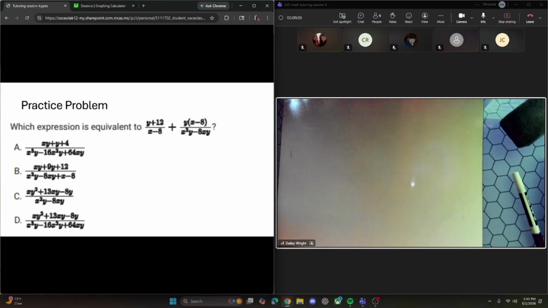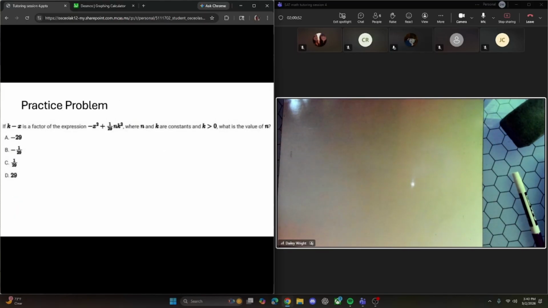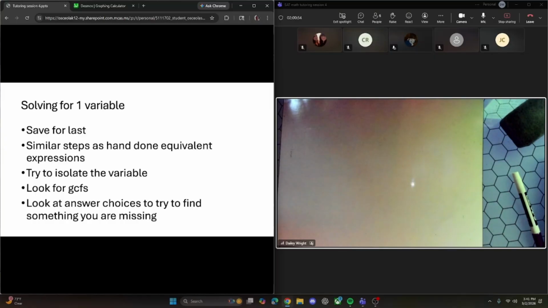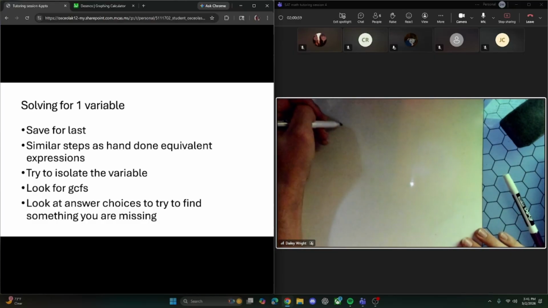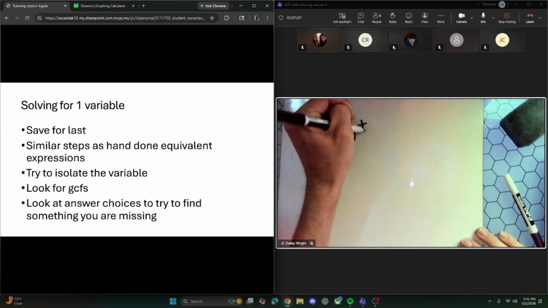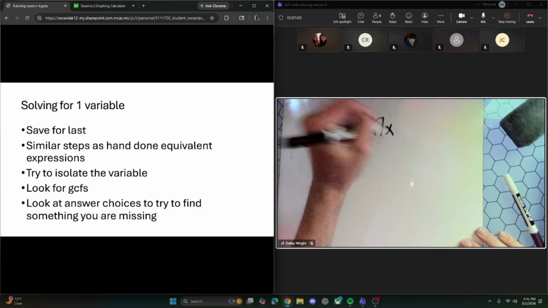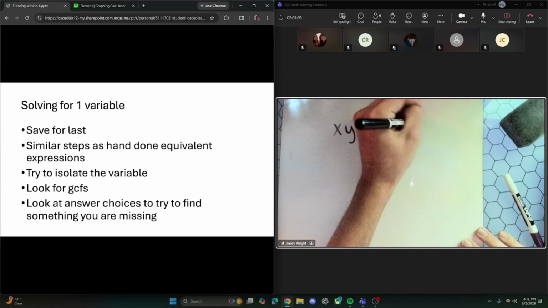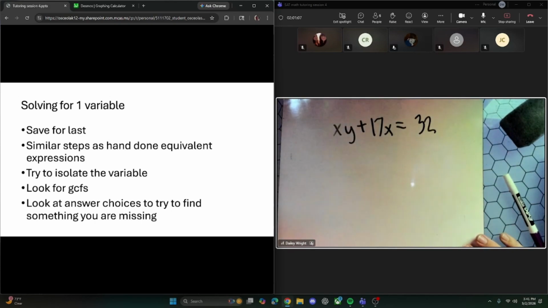You do similar steps as these types of questions. You're just isolating a variable. Like, it might give you xy plus 17x equals 32, and it's going to ask you to get everything in terms of y. So you're just isolating a variable.